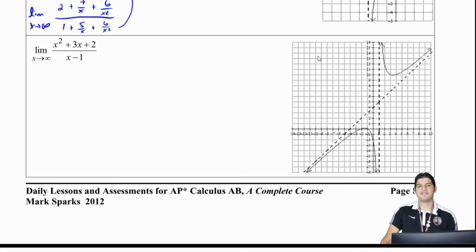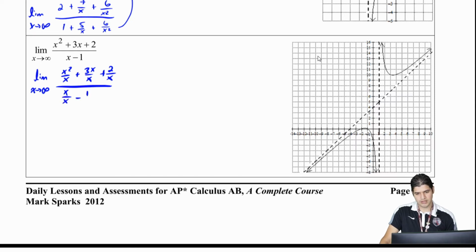Let's divide everything by the highest degree in our denominator, so x in this case. So the limit as x approaches infinity, x squared over x, 3x over x plus 2 over x, all divided by x over x minus 1 over x. Same thing, let's simplify.